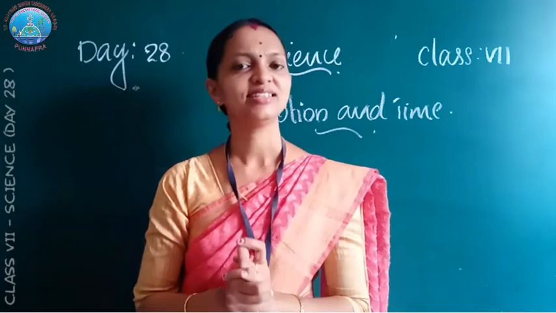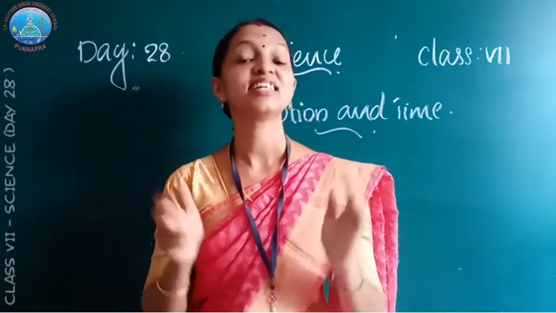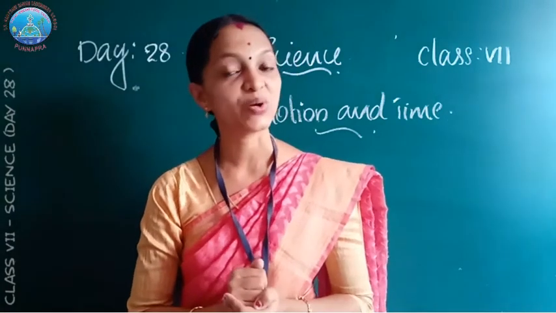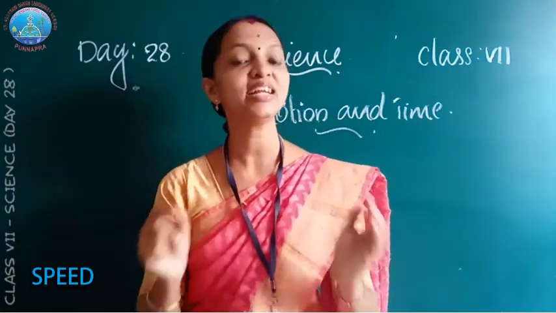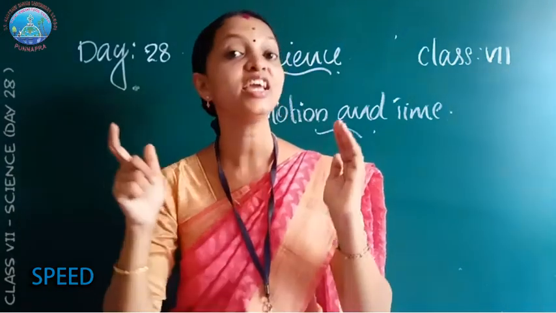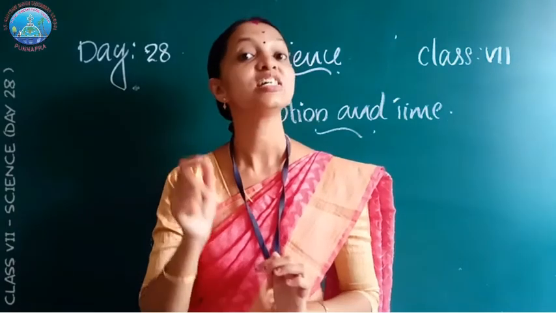What is speed? The distance covered by an object in a particular time is called speed. Speed is the total distance covered by an object in a unit of time.